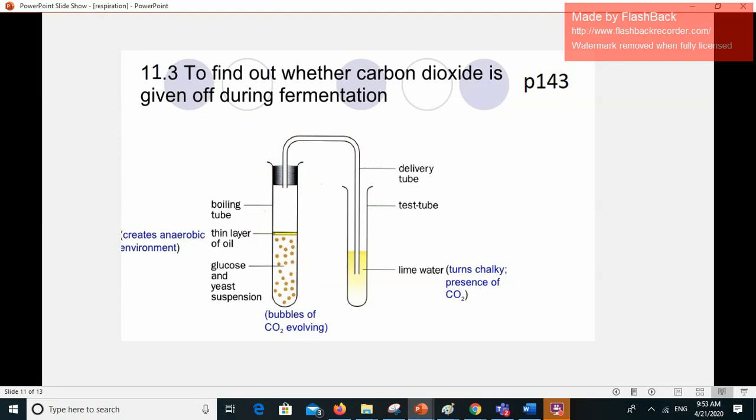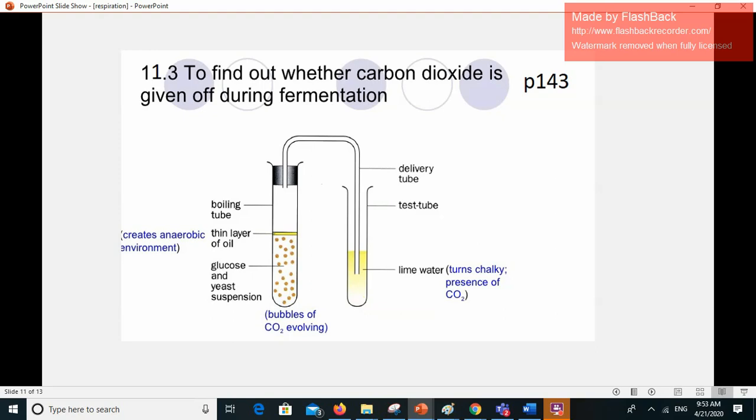Carbon dioxide goes up through the delivery tube, mixing with lime water, and turns it milky or cloudy. Lime water turns milky or cloudy when lots of carbon dioxide is bubbled into it, or when it gets in contact with a high amount of carbon dioxide.